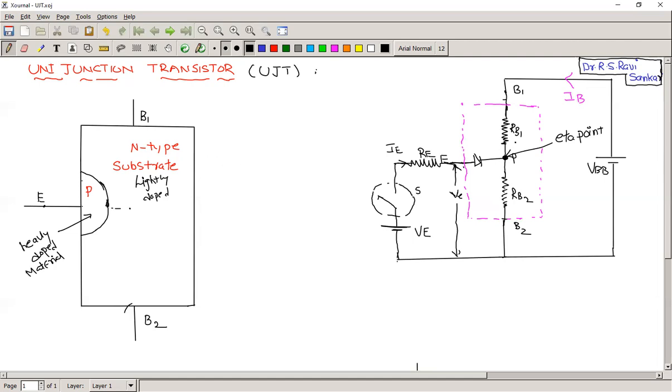Now, what is RB1? It is the internal resistance from the junction to the emitter to B1. In the same manner, there is some internal resistance between the emitter and B2, that is RB2. The junction is dividing the total base into two resistance regions, one is RB1 and another one is RB2.